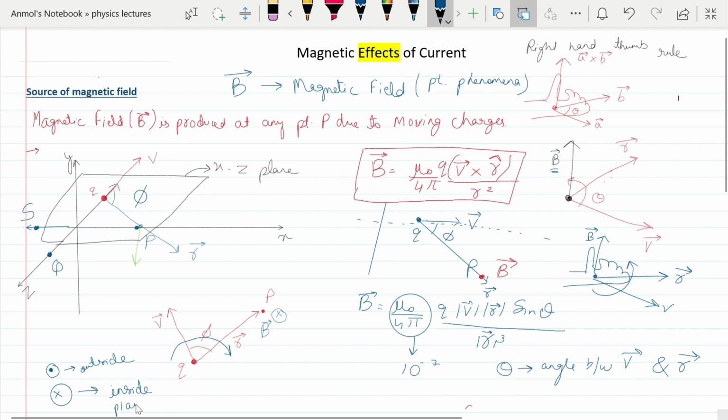So the same thing we are considering here. When you're going from V cross R, assume that you rotate your right hand fingers from V to R on the screen, then you will realize that your thumb is going inside the screen. So that is why B's direction has been shown by this cross, which tells that it is going inside the plane of paper.